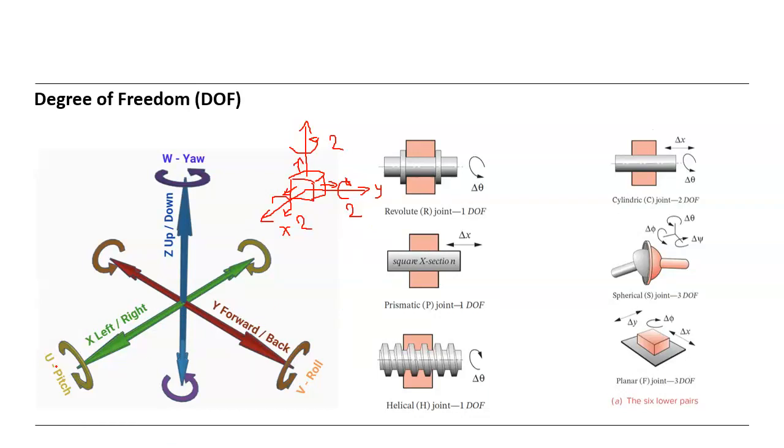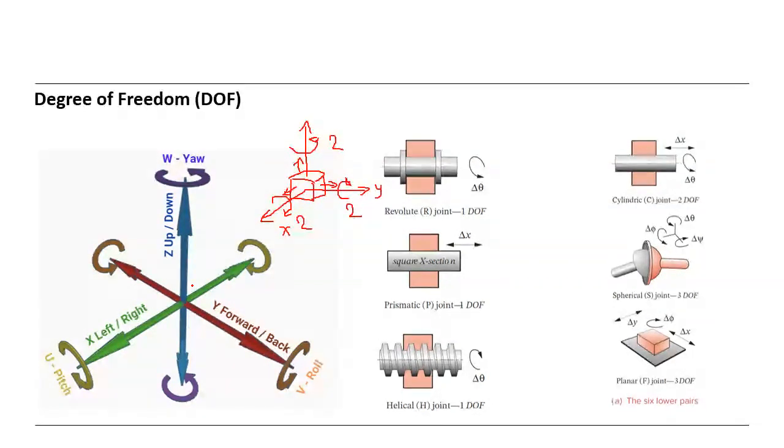In x direction, left and right, and also the rotation around the x-axis, and in y direction, left and right, translation, and rotation around the y-axis, and also in z direction, a translation left and right, or up and down, let's say, for the z-axis, and the rotation around the z-axis.